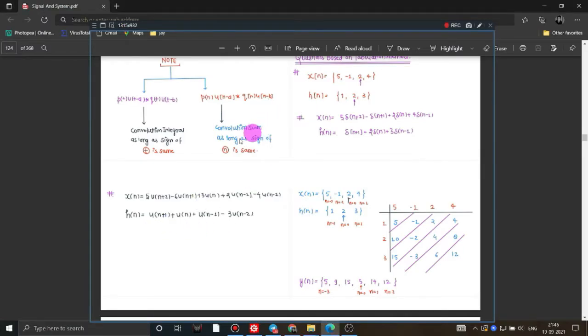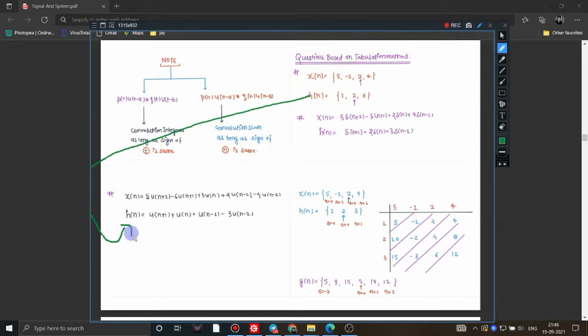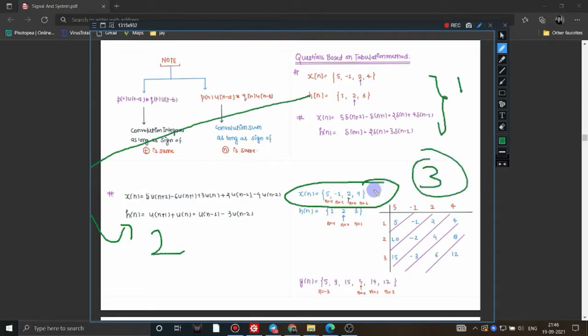And similarly, we can write it for hn also. Now, xn is this, and hn is 1, 2, 3. Simply mark the points and then make a table.